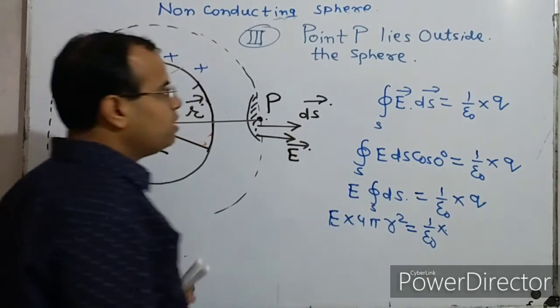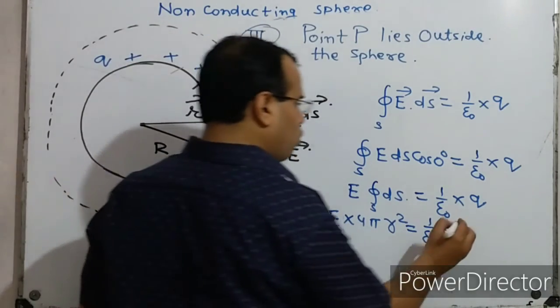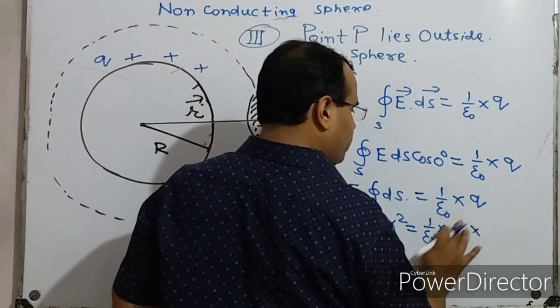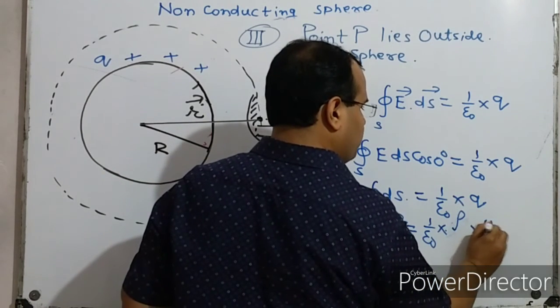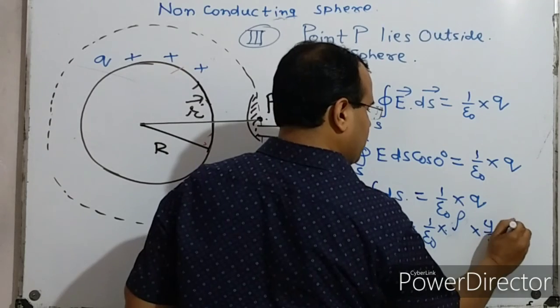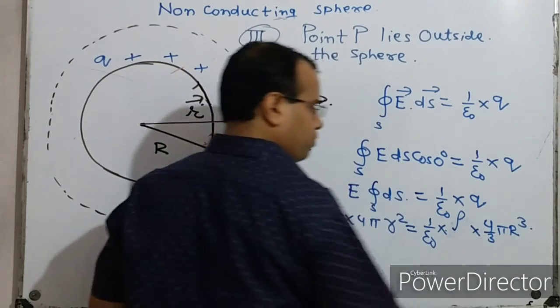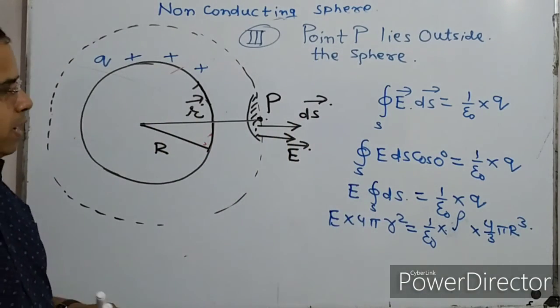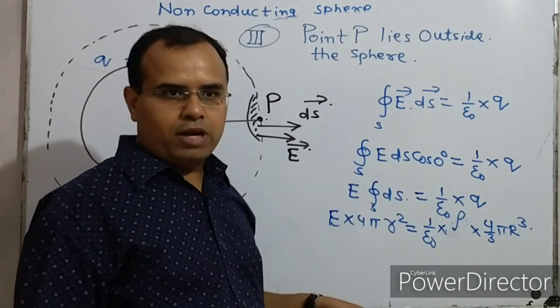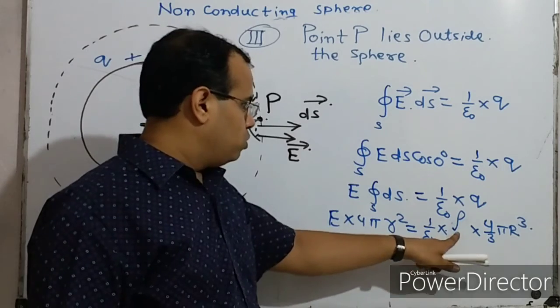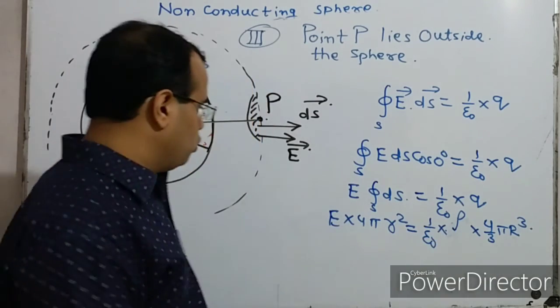And what is q, by the way? Q is rho into 4 upon 3 pi r cube, because we saw what rho is, q upon 4 upon 3 pi r cube. So rho into 4 upon 3 pi r cube.